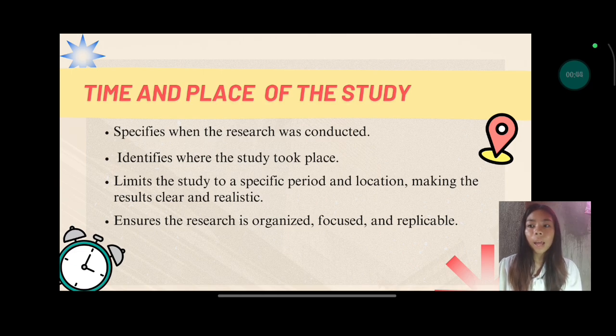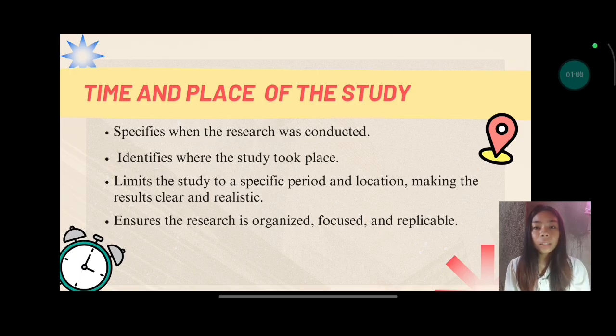And next, it identifies where the study took place. Meaning, mention the school, institution, or setting where the study took place, but keep it general if confidentiality is required. And next, it limits the study to a specific period and location, making the results clear and realistic.